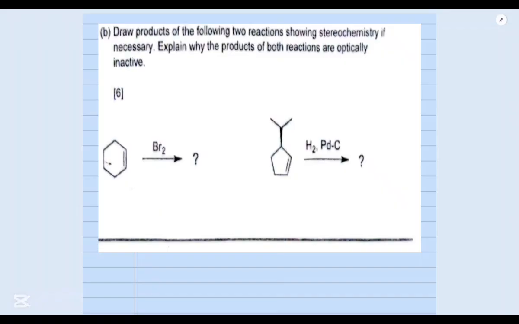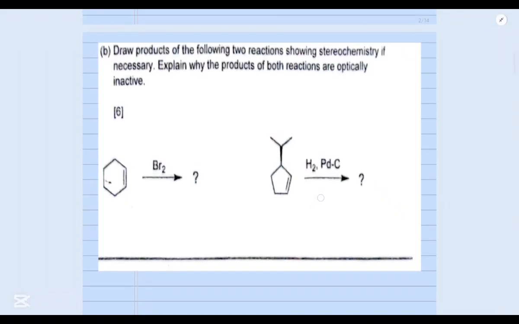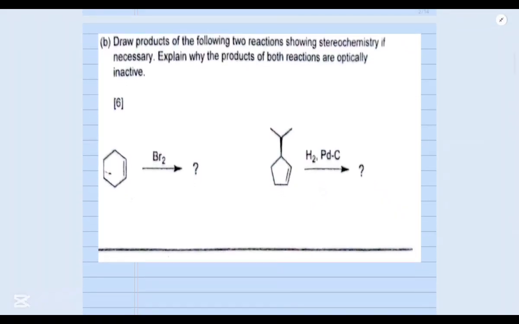So the first question, which is question B here, was taken from an examination paper. The question reads: draw the product of the following two reactions, showing stereochemistry if necessary. Explain why the products of both reactions are optically inactive.